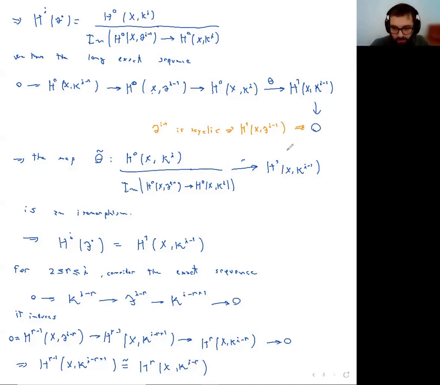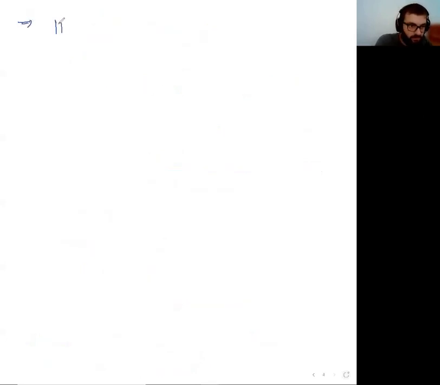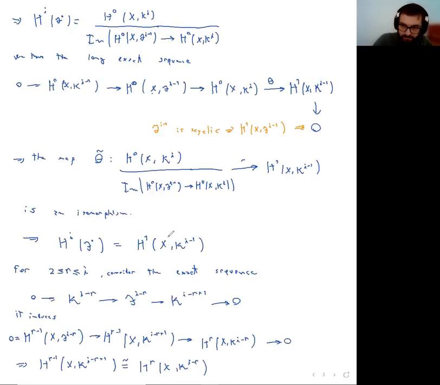This means we can go all the way back to this. So H^i of F, I'm going to rewrite it. This was H^1 of X, K^(i-1), right? We had it right here. But now, take r equal to, and this is the same thing, right?